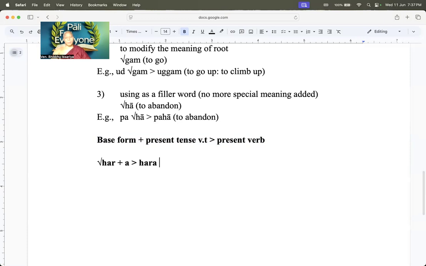This one is the base form. So the meaning is to take. Okay, now the present tense verb termination.